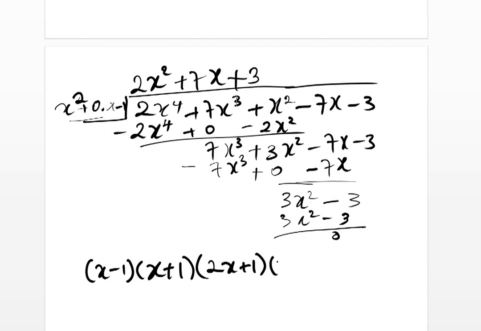So those are the 4 factors of f of x. Because for us to solve that inequality in that question, we must start by factorizing and obtaining all the factors.